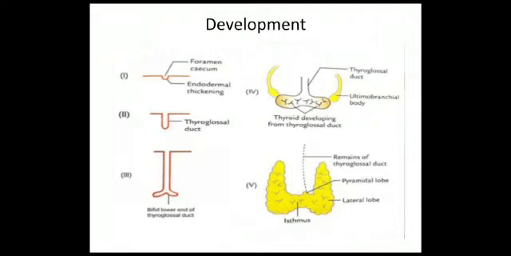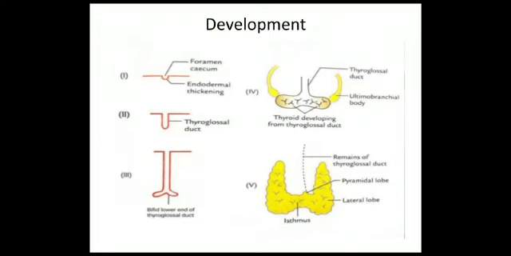Again, here you can see the foramen cecum which is present in the tongue. So you can see endodermal thickening and a downgrowth called the thyroglossal duct. So this bifurcates to form the two lobes and a central portion called the isthmus.